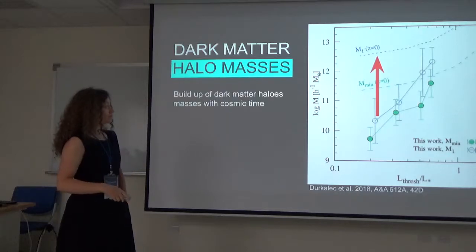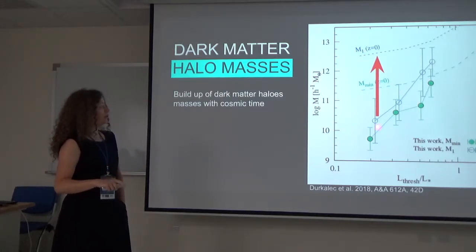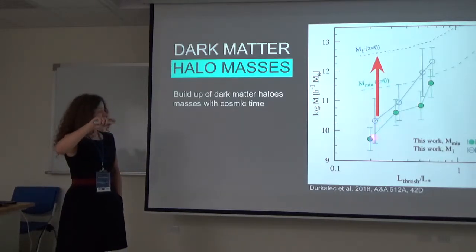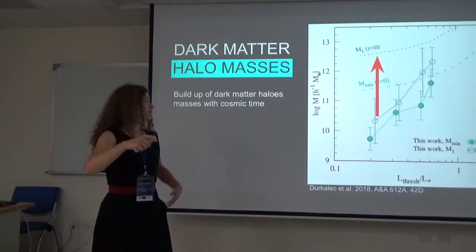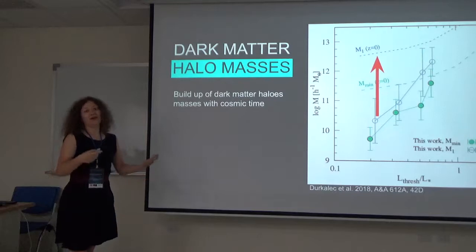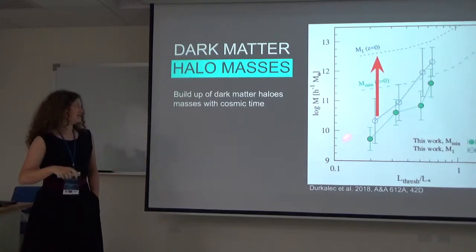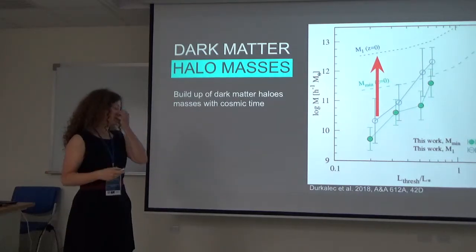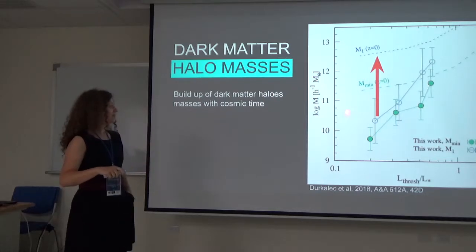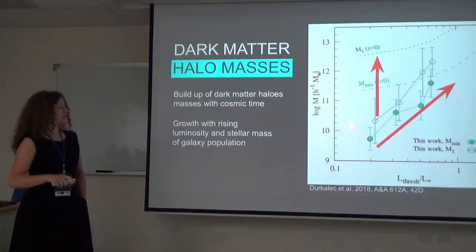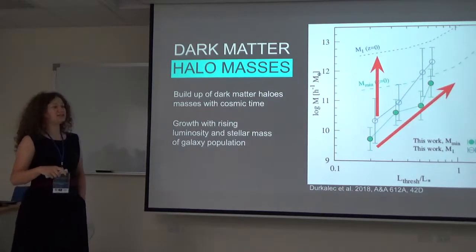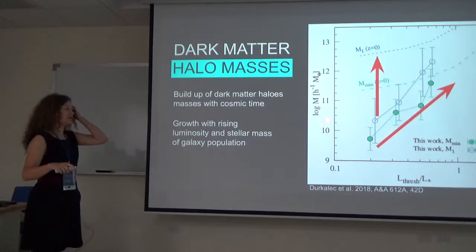First of all, the halo masses at higher redshift are smaller than the halo masses that we can observe right now, which means that there is a buildup of dark matter inside the halos, that the structures are growing, basically. The second thing, there is a dependence on luminosity. We can observe the same thing for the stellar mass.